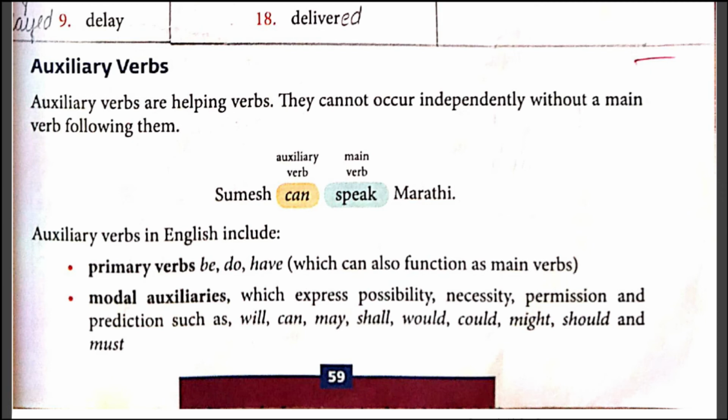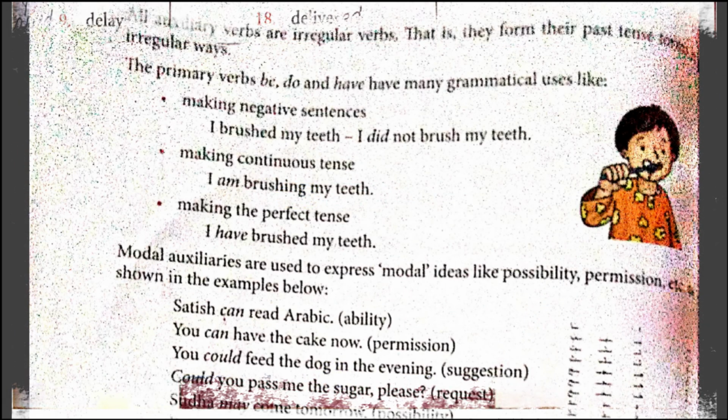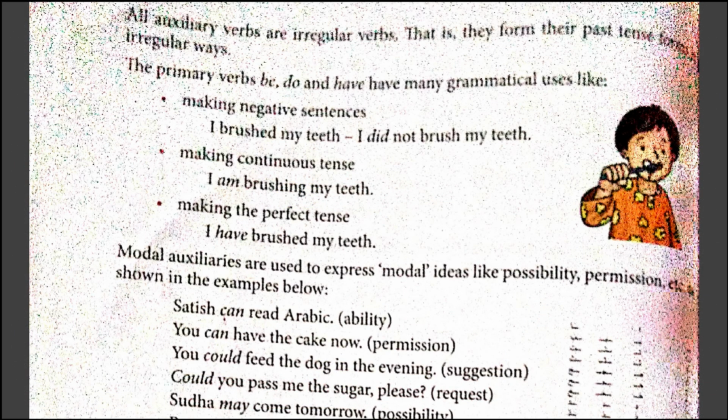So these are modal auxiliaries. All auxiliary verbs are irregular verbs, that is, they form their past tense forms in irregular ways.